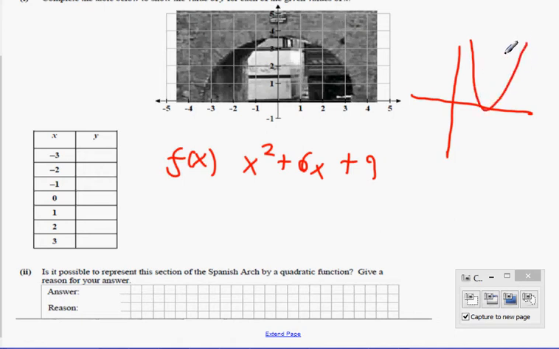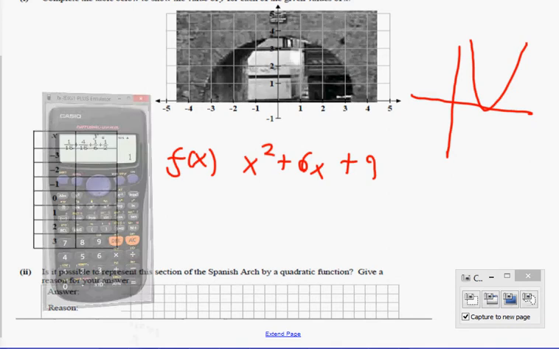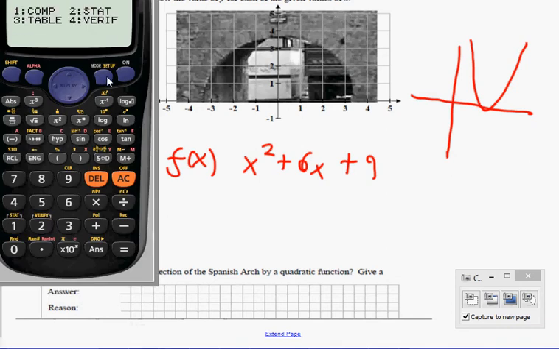Now, to prove that this happens, what we could do is we can go to mode, see the table function, three. And we can get here shift, x squared. Oh, sorry, meant to be x squared.